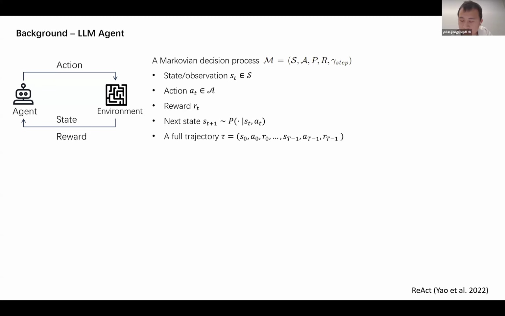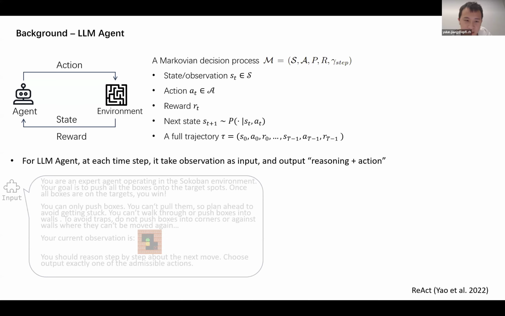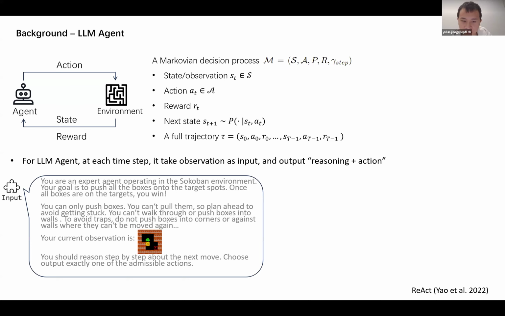For language models, what people usually do is in the framework of ReAct. At each step, the language model takes the observation as input, does some chain of thought reasoning, and outputs some action. Here is a very brief example in a Sokoban game. You take an input as an observation with some rules and ask the model to solve the problem.